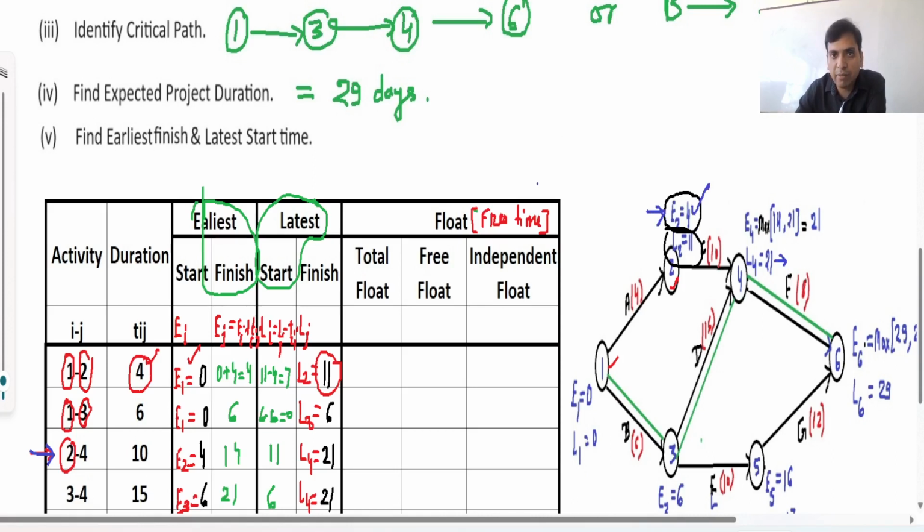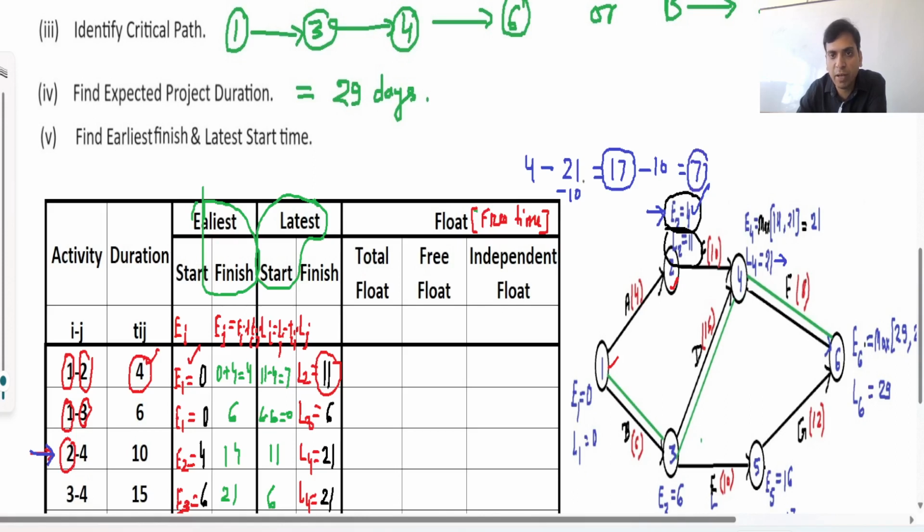So the total available time from 4 to 21 hours is 17 hours. And you need to finish this activity in 10 hours because the 2 to 4 activity duration is 10. So from this 17, we subtract this duration 10, then you will get 7.